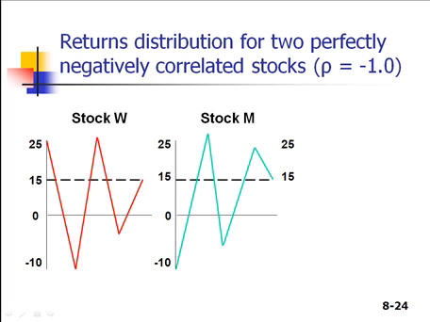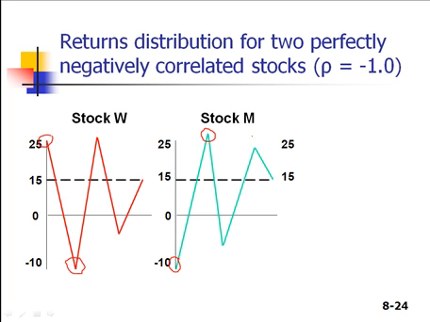So in the first year, you'll see that stock W was above average, okay, and stock M was below average. Whereas in the second year, stock W was below average, but stock M was above average. And pretty much these things behave as mirror images of each other with respect to their average level of performance.